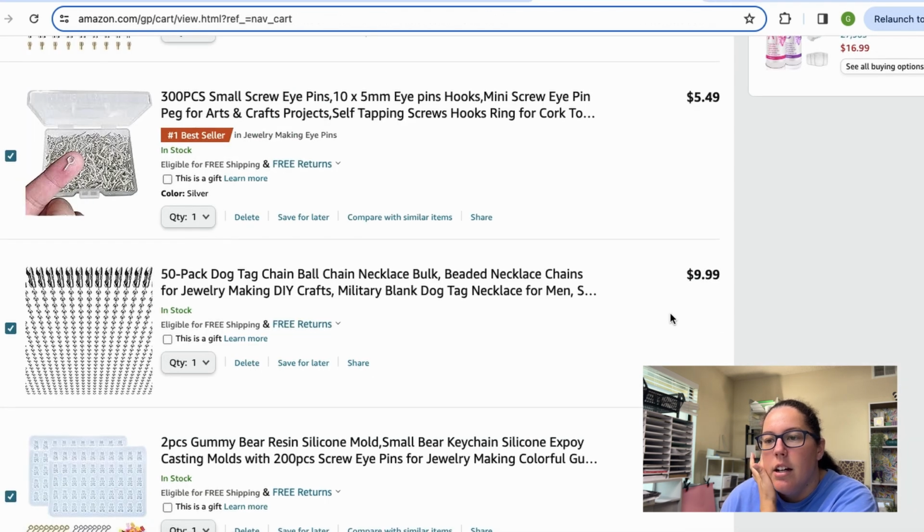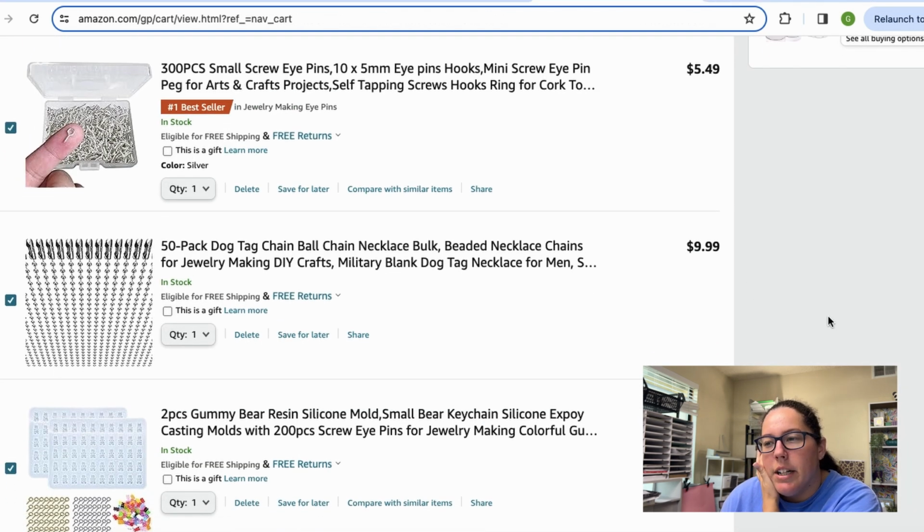And these are already pre-cut, 24 inches, and I think 24 inches is the longest, so I could just cut them in general. But a 50 pack for $9.99 is basically 5 cents per necklace chain.